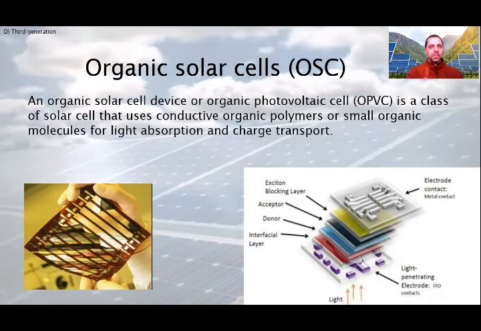An organic solar cell device, or organic photovoltaic cell, is a class of solar cell that uses conductive organic polymers or small organic molecules for light absorption and charge transport. Organic solar cells have become a subject of attention over time due to their prospect for low-cost active materials, low-cost substrates, low energy input, and easy upscaling to the industrial level.